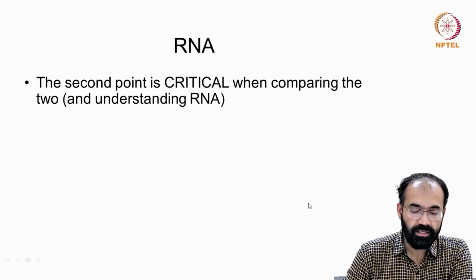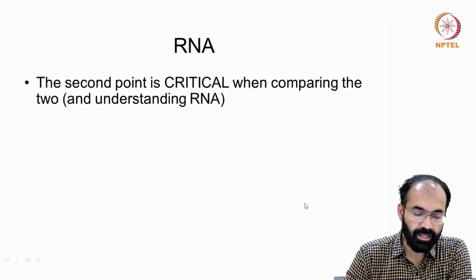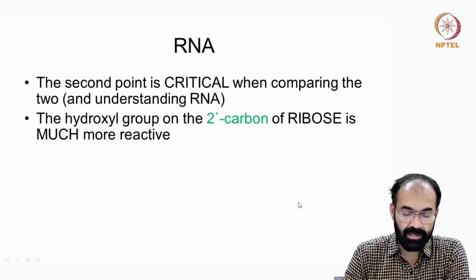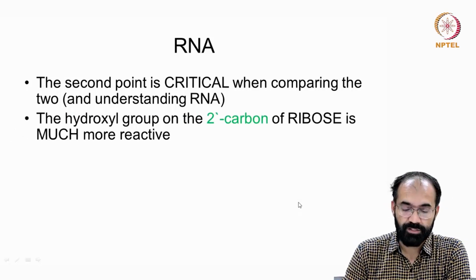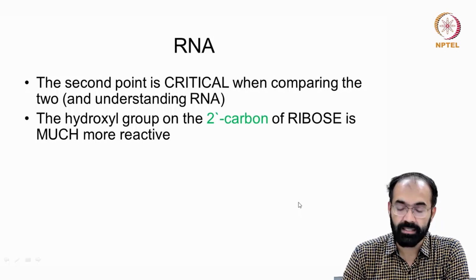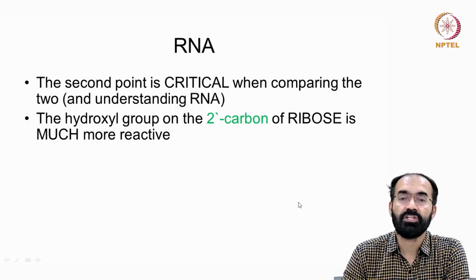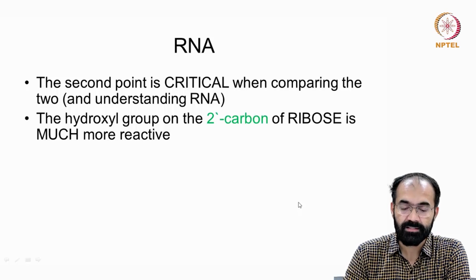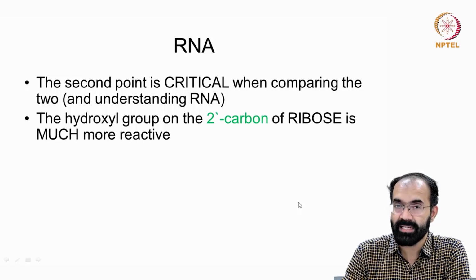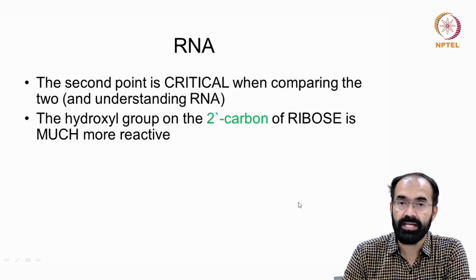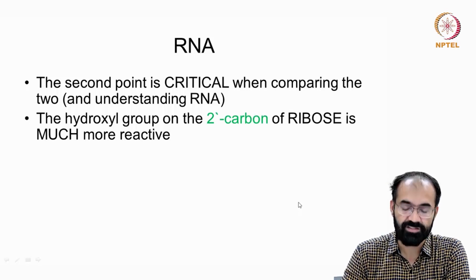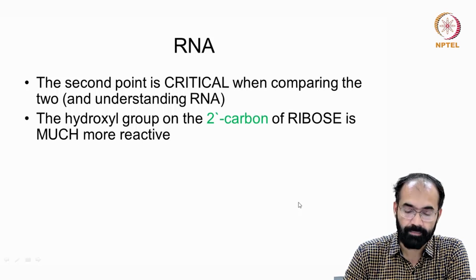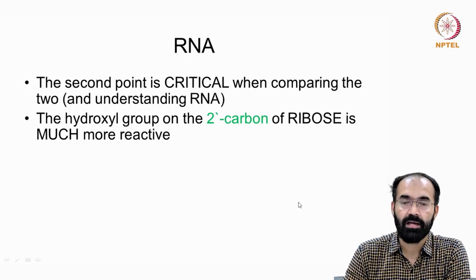Another important, critical point when comparing the two is the 2' carbon in the ribose sugar, which is much more reactive in RNA. The 2' carbon in DNA is deoxy, meaning the OH is changed into just H. The oxygen is missing, which makes it less reactive.